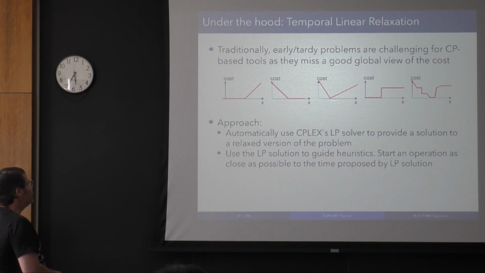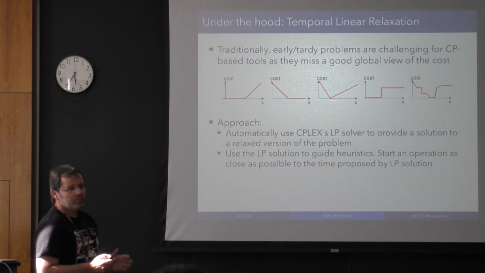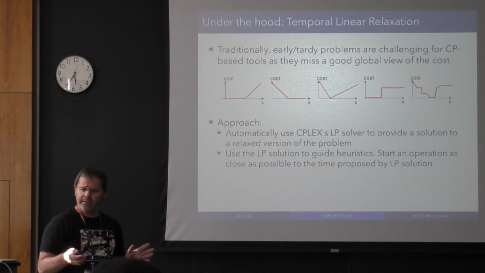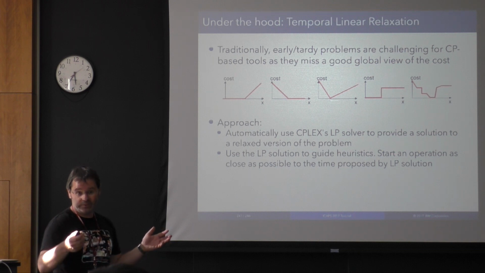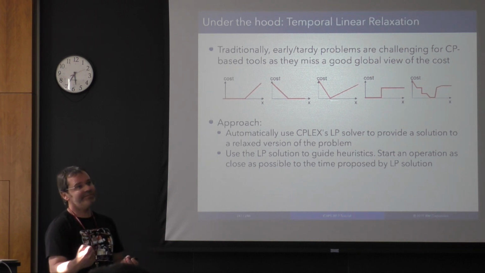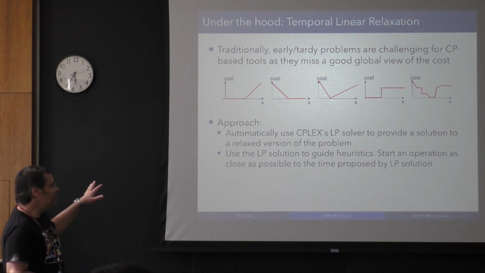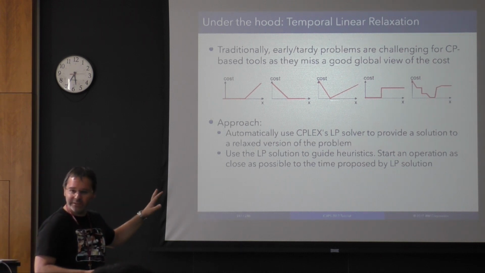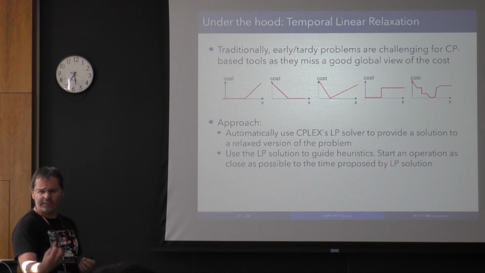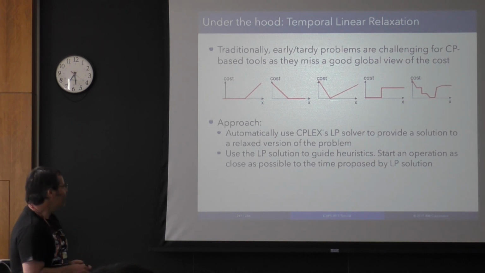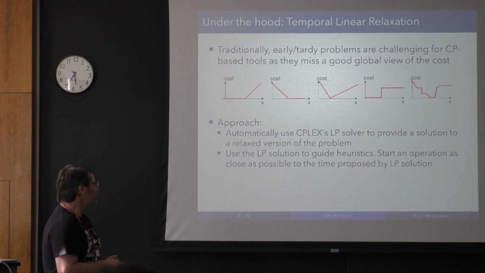So, especially for this type of problem, what CP Optimizer automatically uses is an LP relaxation of the problem. Just like MIP uses LP relaxation quite heavily, in CP Optimizer we sometimes use an LP relaxation automatically. The use is less intensive than in MIP, but we use it to guide the search.